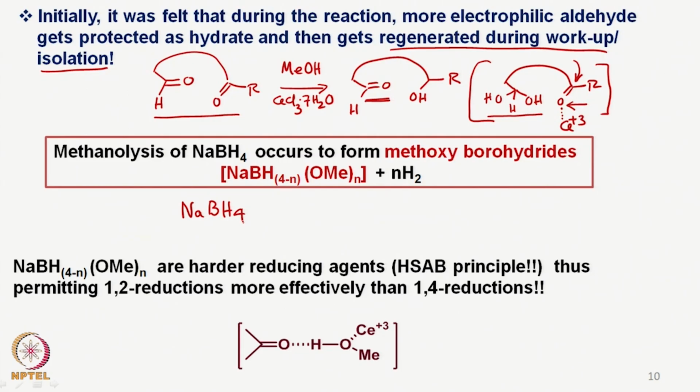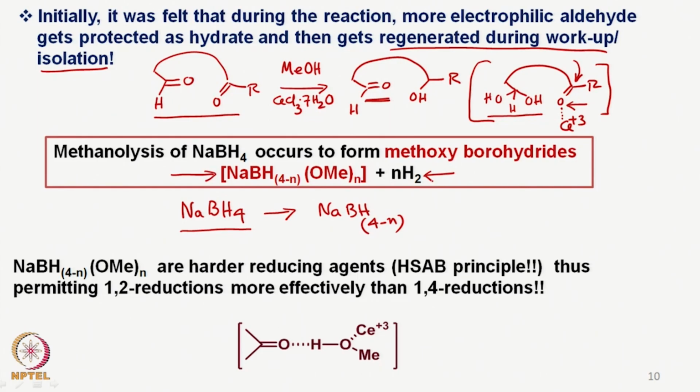So, under these conditions it is expected that the methanol reacts with sodium borohydride and forms different species. That means you have NaBH(4-n)(OMe)n, where n can be 1, 2 or 3, forming this species, and of course the corresponding hydrogen goes off.